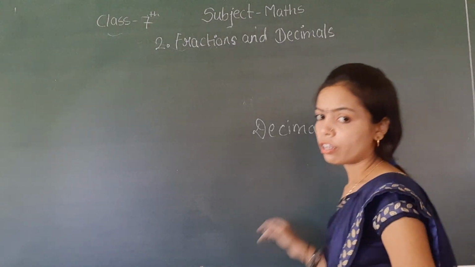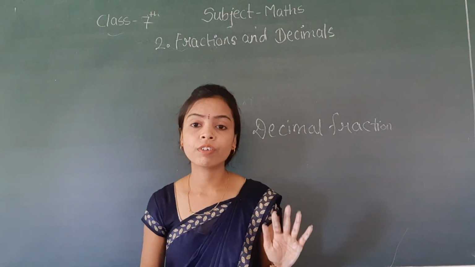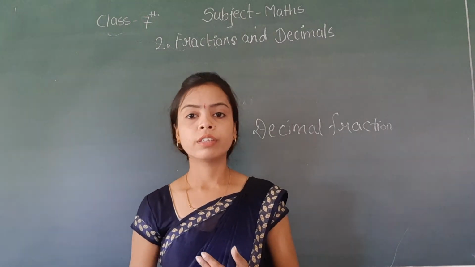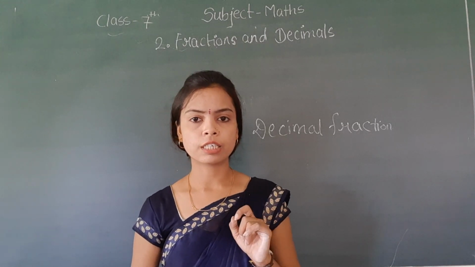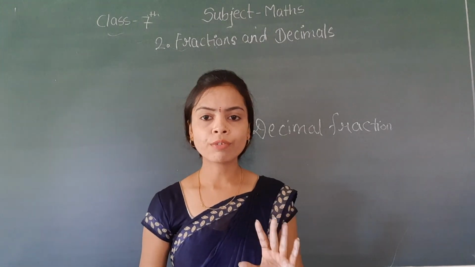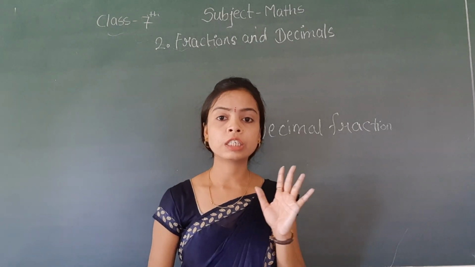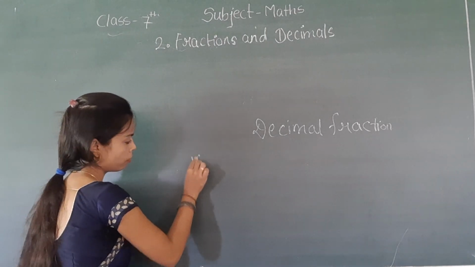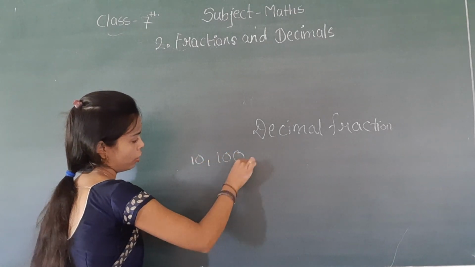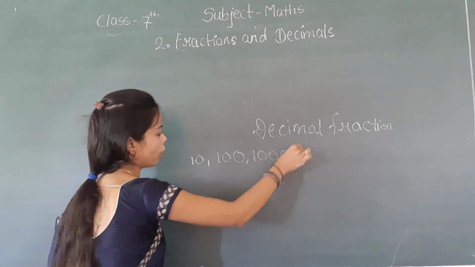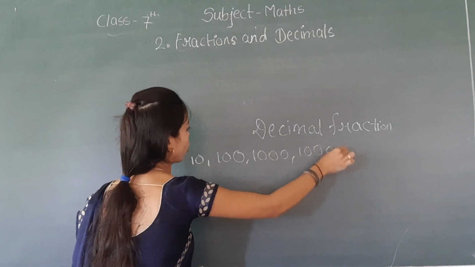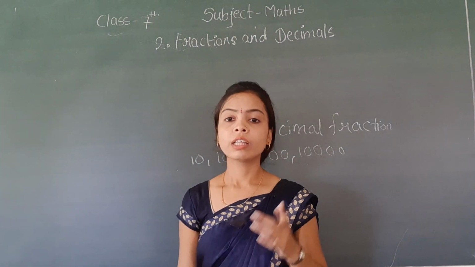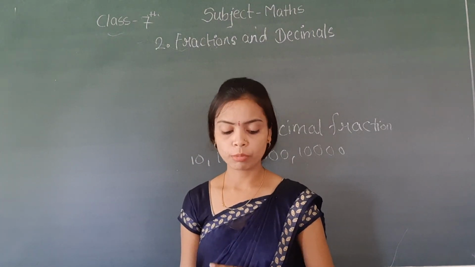The fraction in which the denominator is 10 or a multiple of 10, then we say that the given fraction is a decimal fraction. ऐसा fraction जिसका denominator 10 या multiple of 10 means 10, 100, 1000, 10,000. So these are all the multiples. If the denominator is 10 or a multiple of 10, then we say that the fraction is a decimal fraction.